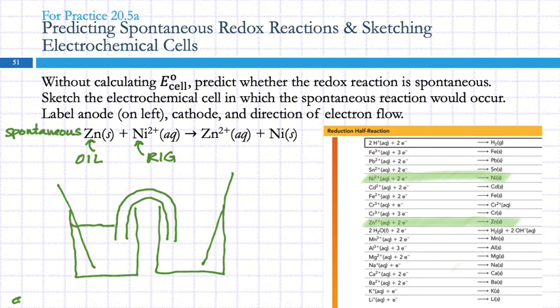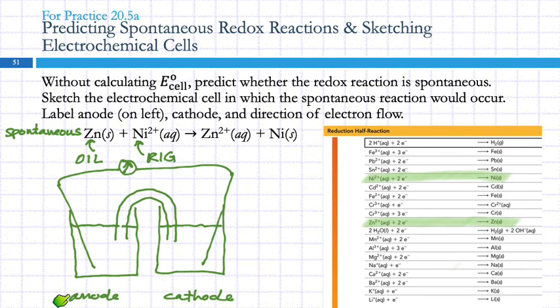You probably will be asked to draw a cell. It does not have to be pretty. So the anode is on the left, the cathode is on the right. What happens at the anode, oxidation or reduction?